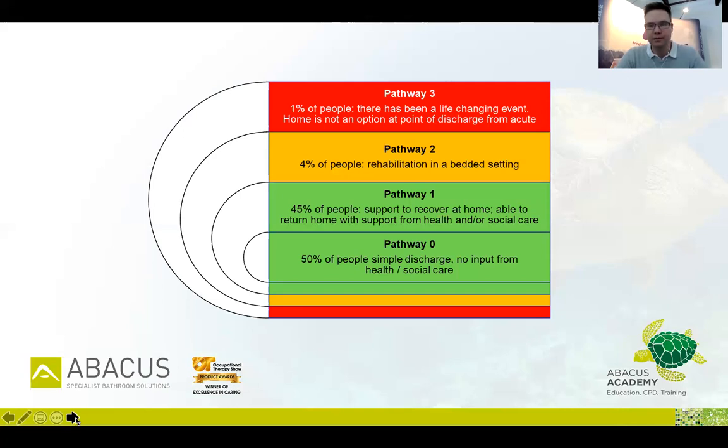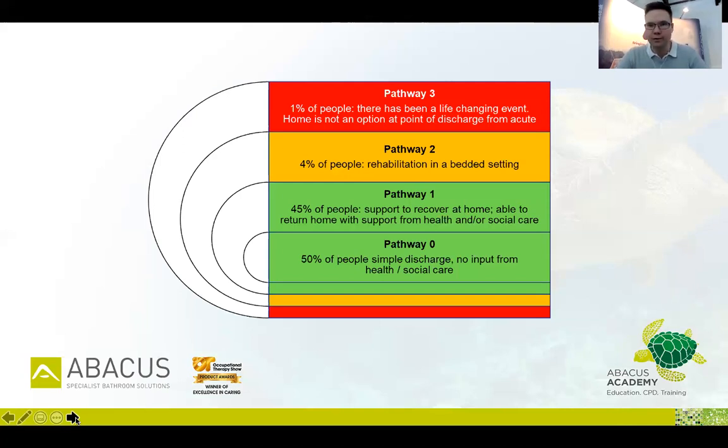It's really important because I hear a lot of feedback from therapists who are concerned that inpatient rehabilitation is being shunned or pushed to the wayside because of a discharge to assess model or process that's maybe being misused. It's built in to this process that 4% of people statistically are likely to require inpatient rehabilitation.